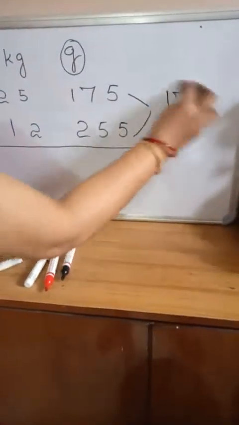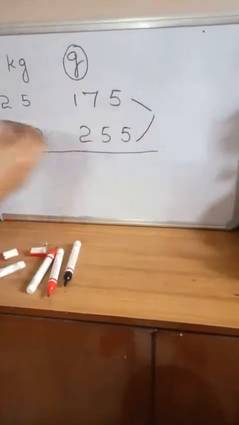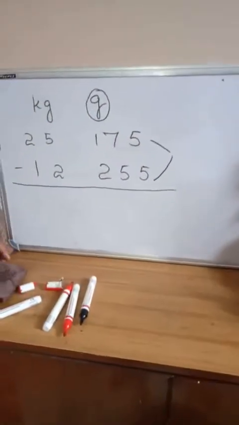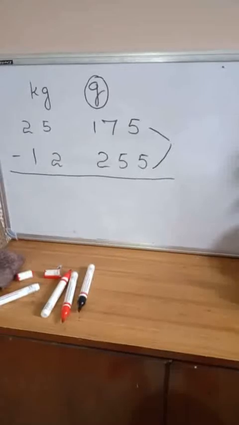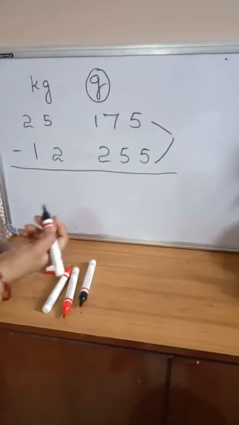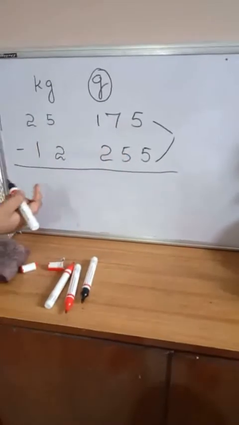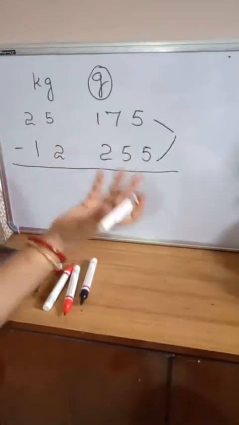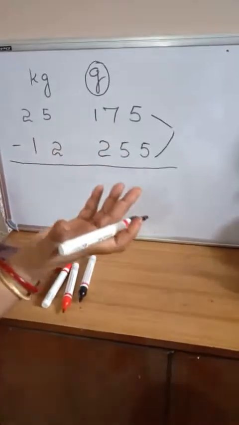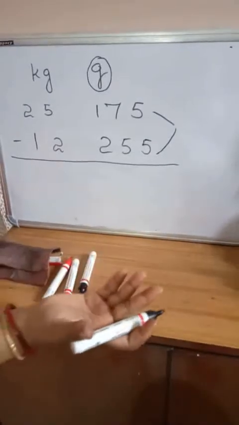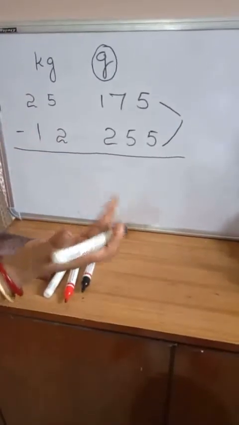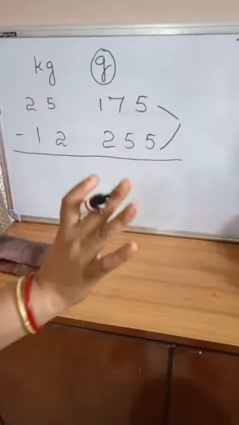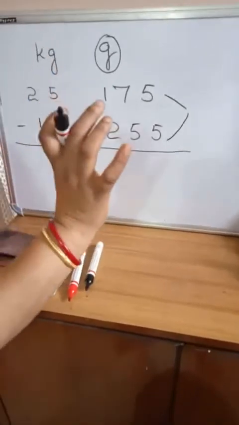Then what will we do if we do not have a sufficient amount? We borrow. For example, you go to the market with only 10 rupees, but you have to buy a book which costs 14 rupees.